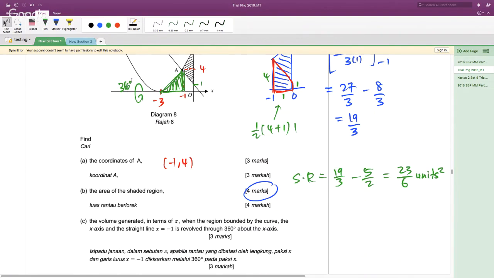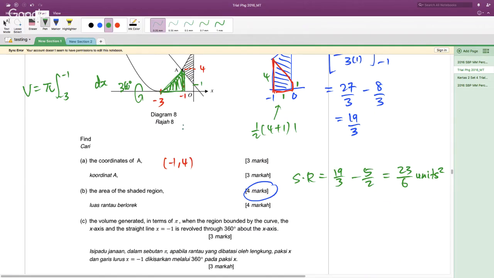So what I would do is integrate. To get the volume, I know the formula is pi, integral from -3 to -1 of y squared dx.